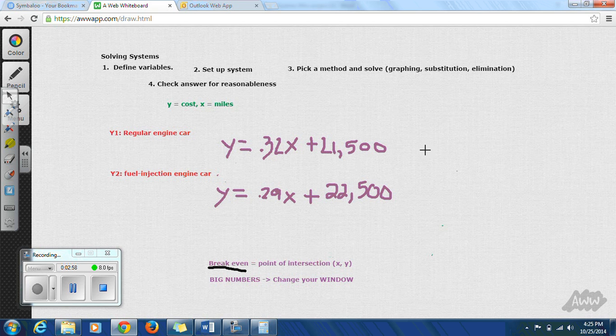But it might also be just as fast if you, in the calculator, just type in 0.32, multiply it by 1,000, and then add 2150 to it.